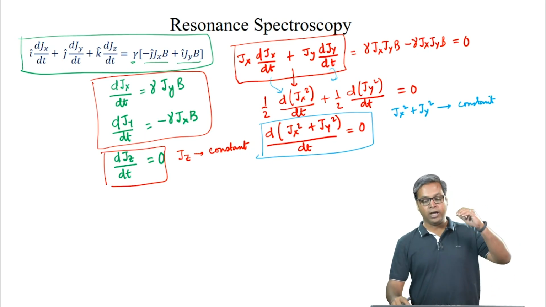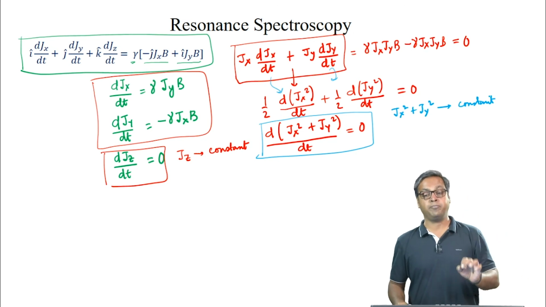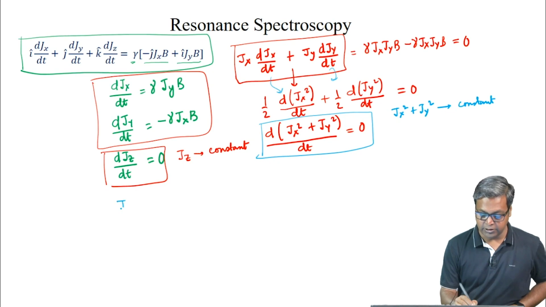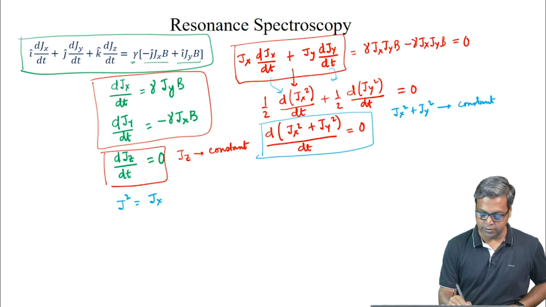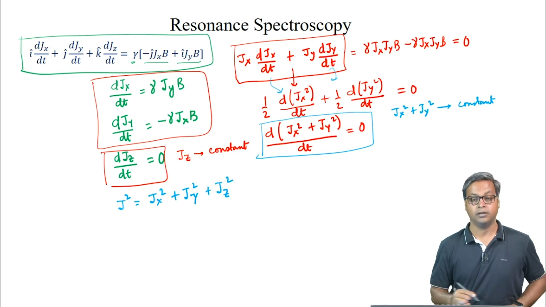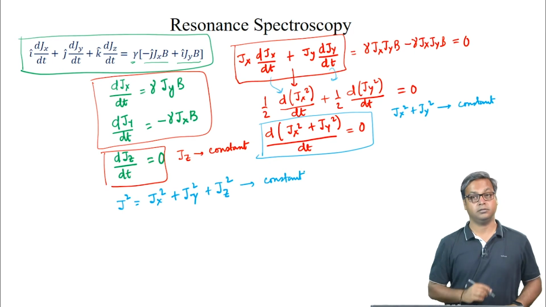Hence, because we have J_z squared, which is a constant, and J_x squared plus J_y squared is also a constant, we can write J squared, which is nothing but J_x squared plus J_y squared plus J_z squared, is a constant.